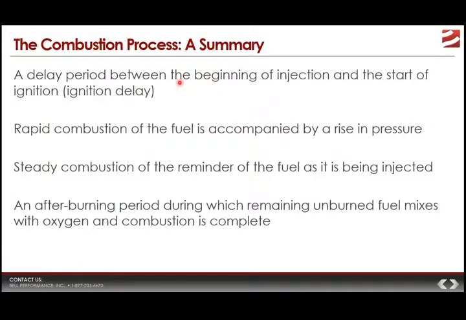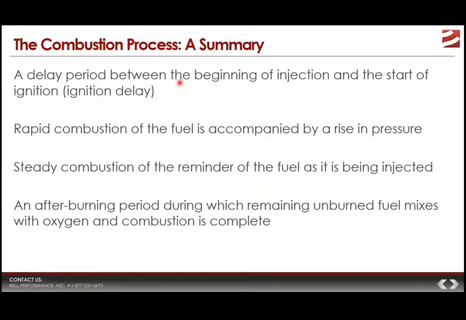But before that happens, when it is injected, there's an ignition delay. There's a period of time that passes between when it shows up in the combustion zone and when it starts to burn. Typically, I think what happens in this delay period is that it's increasing in heat all the while, but there is an ignition delay here.